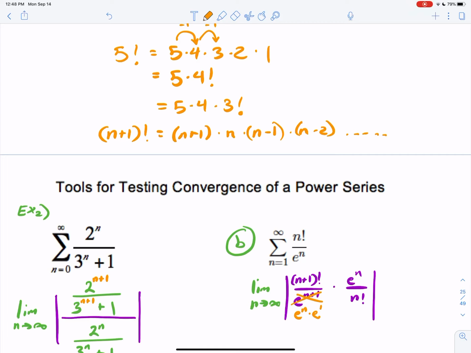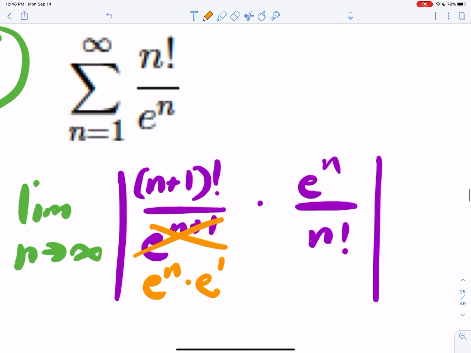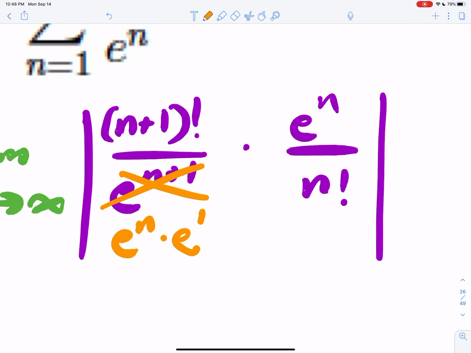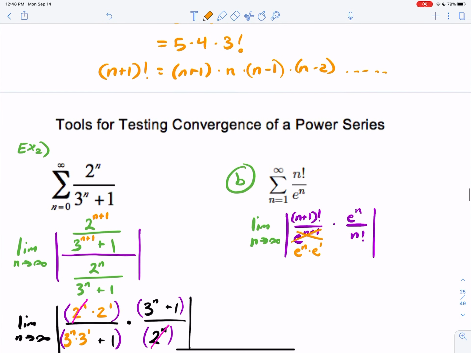Or I can be very strategic about where I stop. If you notice in the bottom right of this fraction here, I have an n factorial. So what I could do here is n plus 1 factorial could very well just be n plus 1 times n factorial.